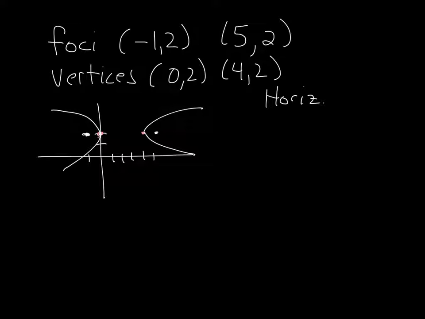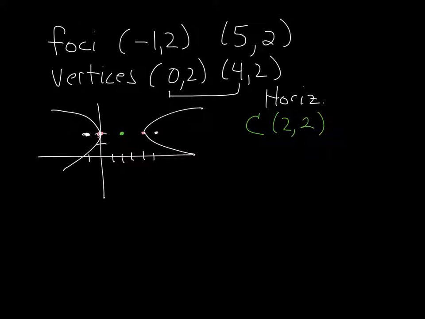If we know what the vertices are, can we find the center? Okay, it's halfway between. So if the vertices are (0, 2) and (4, 2), 4 minus 0 is 4, half is 2. So our center is the point (2, 2). It's also halfway between the foci. All right, so there's our center.